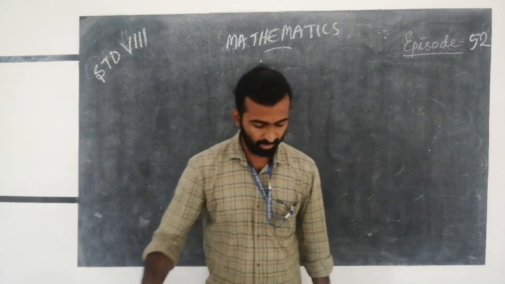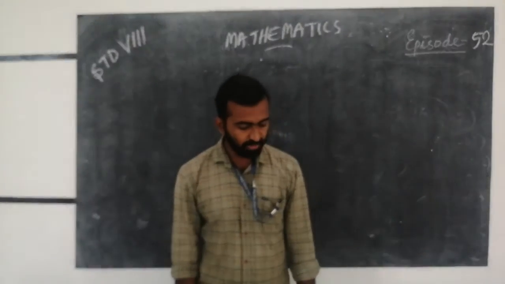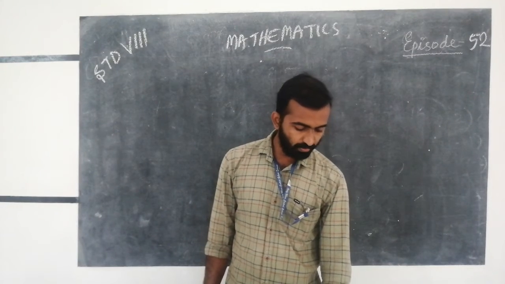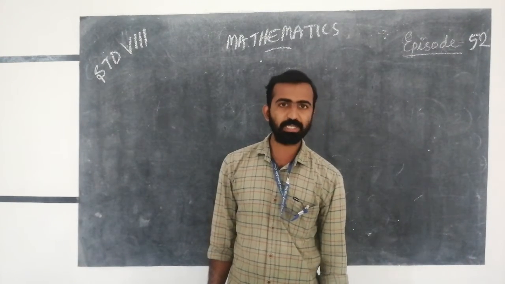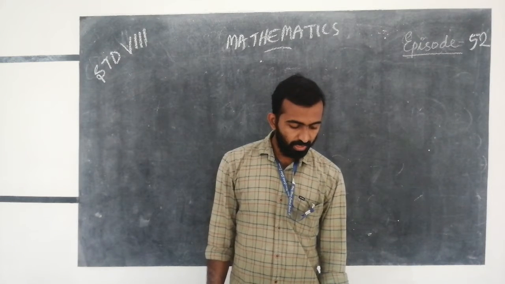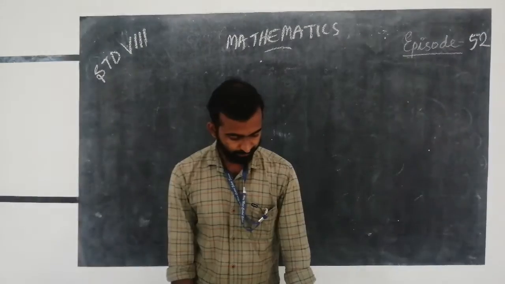Regular convex polyhedrons means you will recall the concept of convex polygons. The idea of a convex polyhedron is similar.